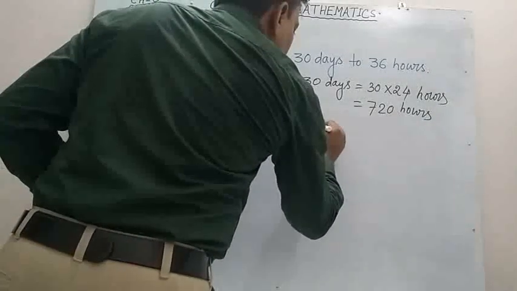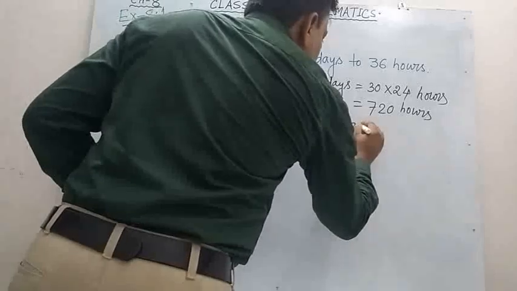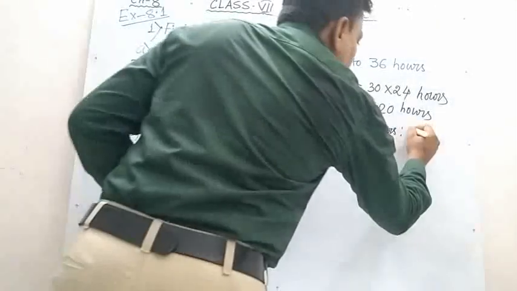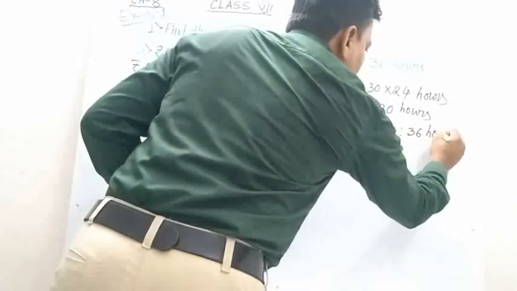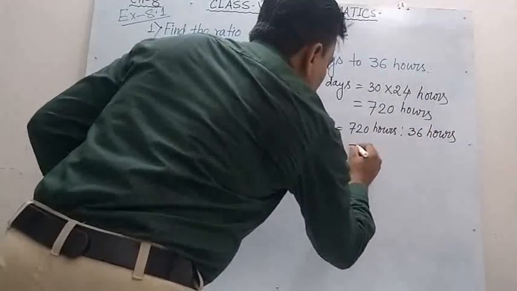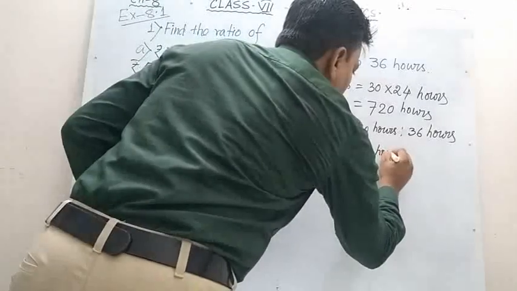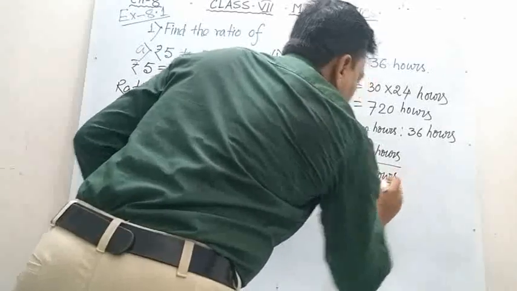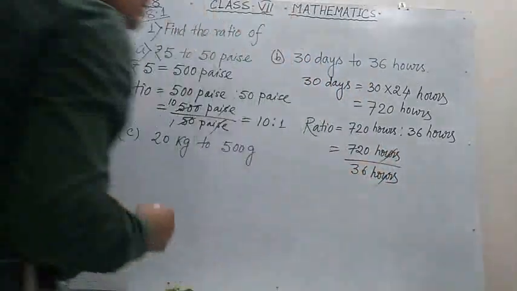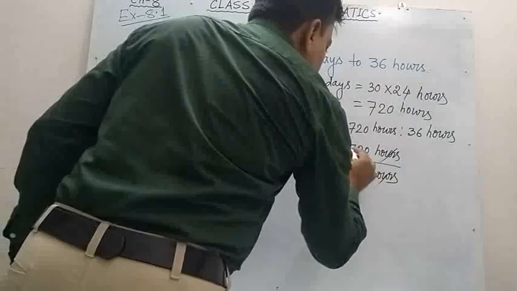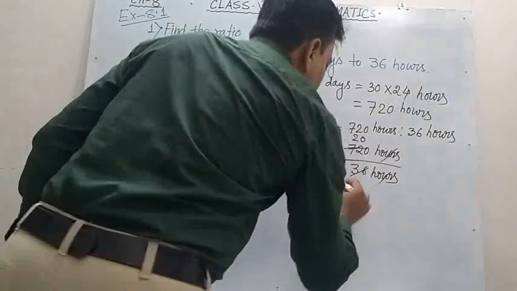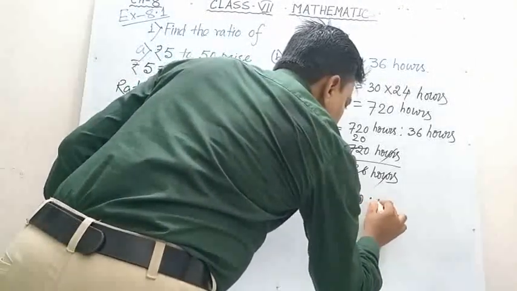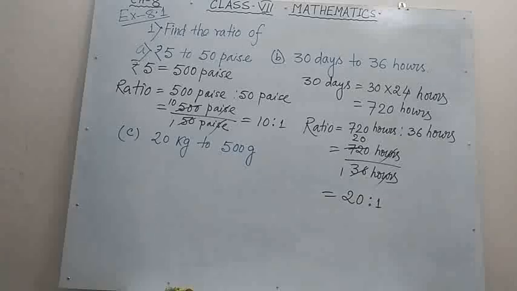Now what is the required ratio? 720 hours is to 36 hours, which equals 720 hours by 36 hours. Hours cancel out. 36 into 20 is 720, here is 1. So our required ratio is 20 is to 1.